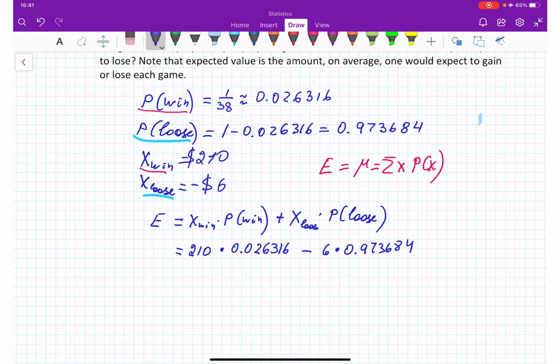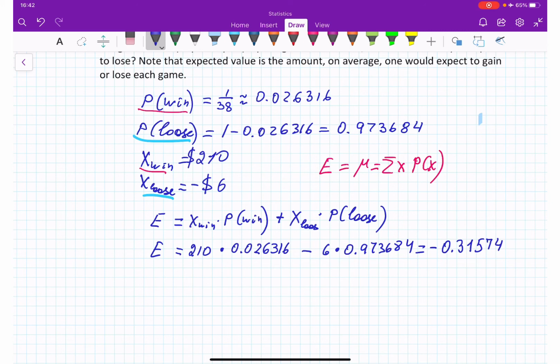And if you solve it, you are going to get negative 0.31574. Okay, so this is going to be our expected value. So people are going to lose $0.31574.